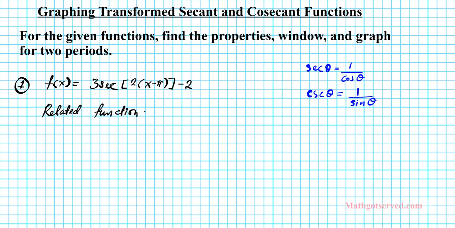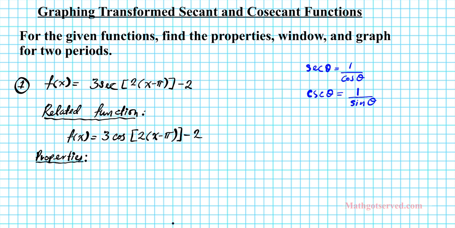Okay, so the related function to the given problem is f of x equals 3 cosine 2 times (x minus pi). All right, so for this one, let's find the properties of the related function, since that's what we're graphing. Now, to find the properties, we need to know our a, b, h, and k.